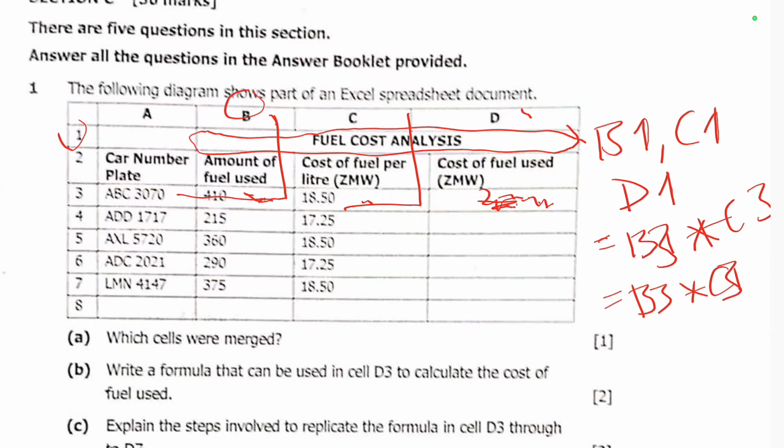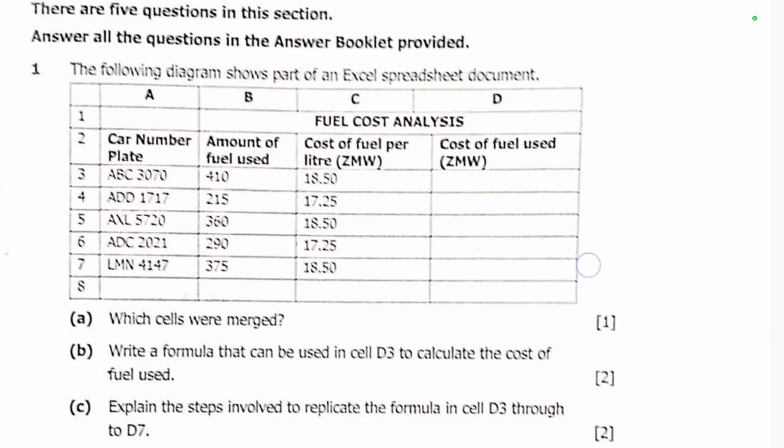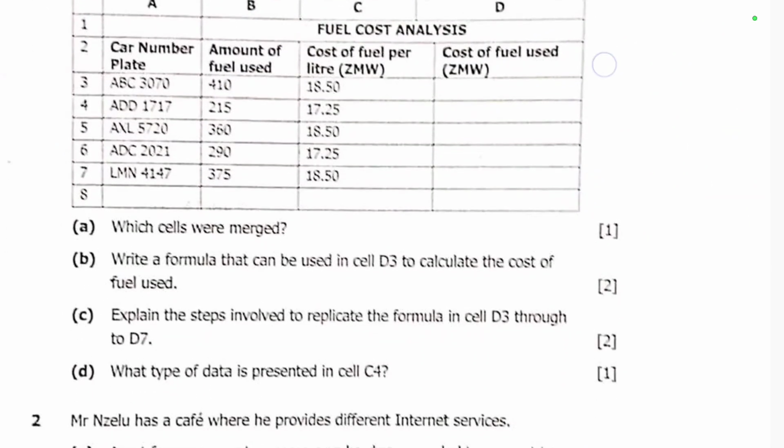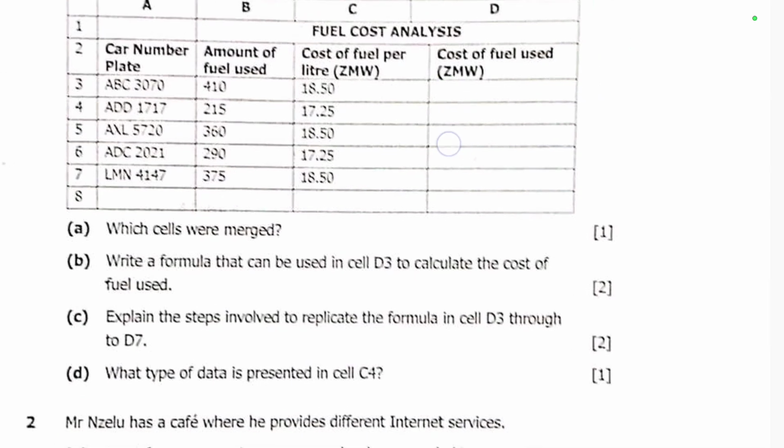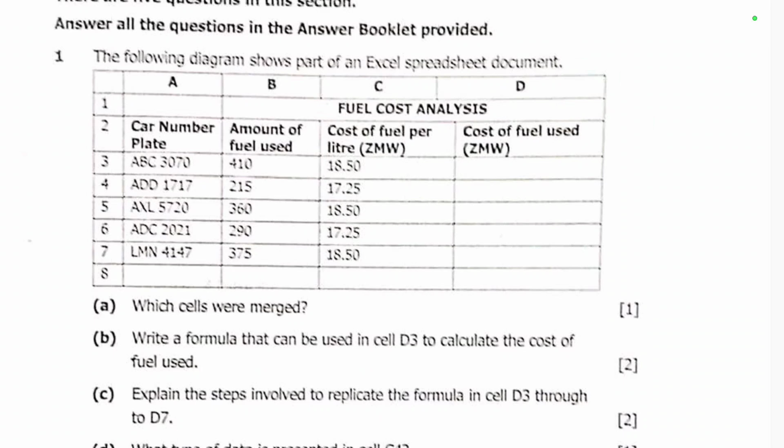Now the next question says, explain the steps involved to replicate the formula in cell D3. Since here you have a formula, equals B3 star C3, to replicate this it is very simple.